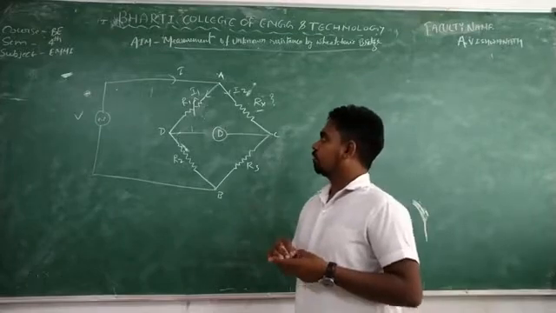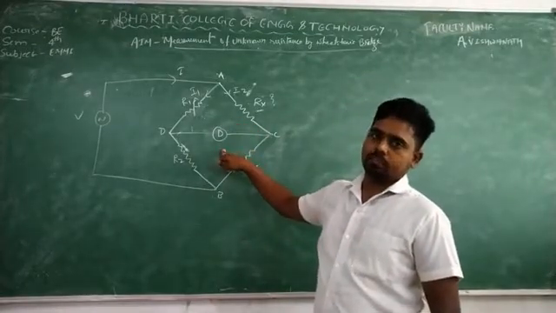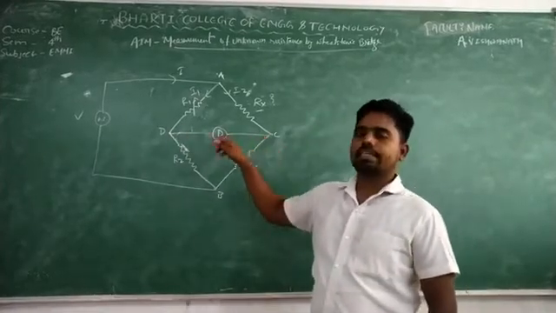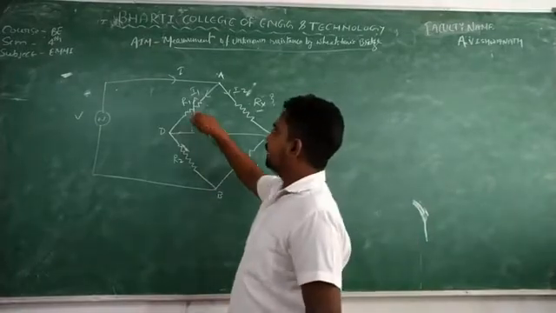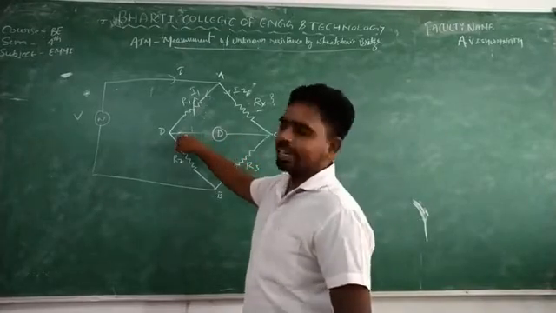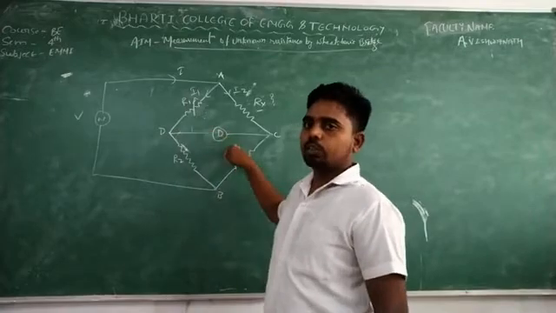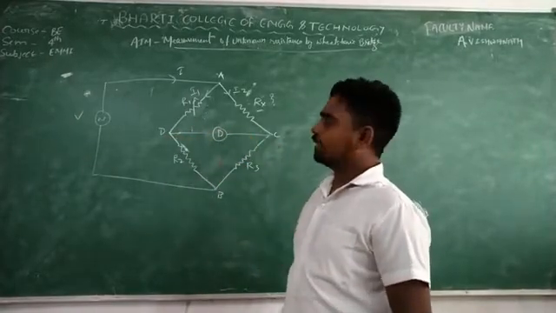There will be no current when the bridge is balanced. When the bridge is balanced, between C and D there will be zero potential difference. So we will achieve that balanced condition, when the current will be zero, since the potential difference between C and D is zero.